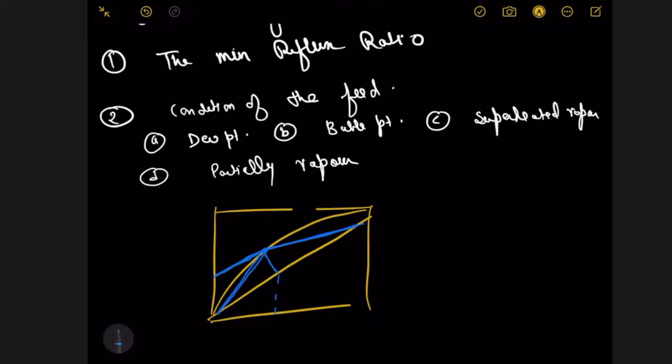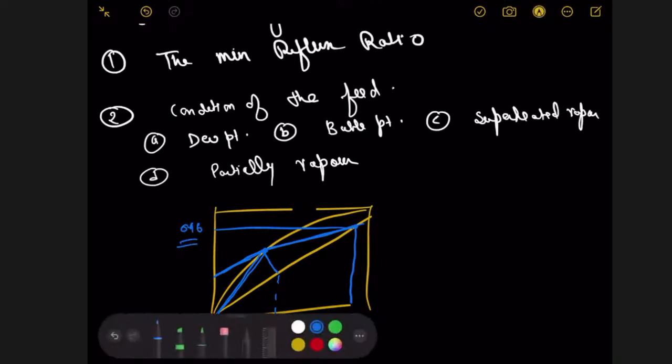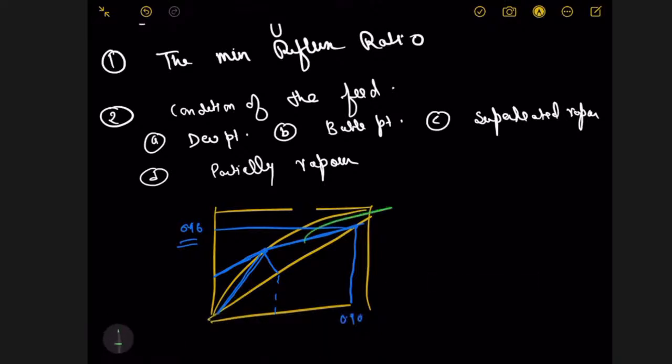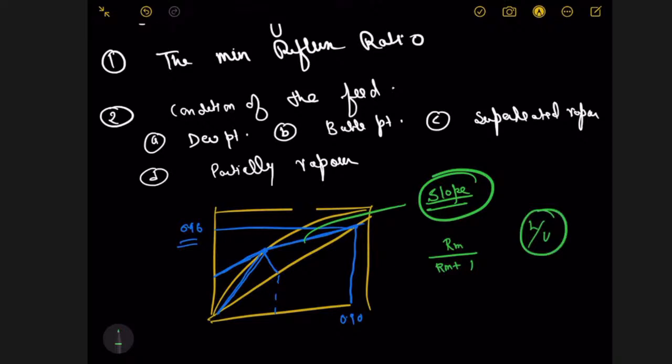Here they have given 0.96, 0.96. And the slope of this line is Rm upon Rm plus 1. It is the slope of the distillate line. What is R? It is the reflux ratio, L by V.